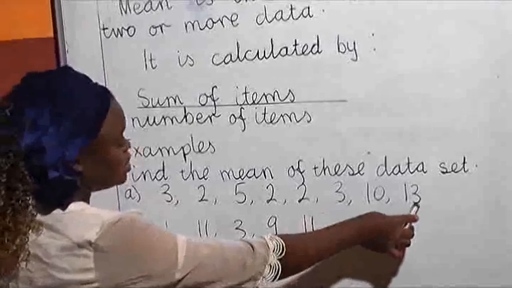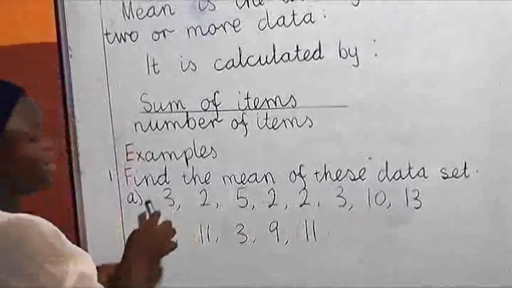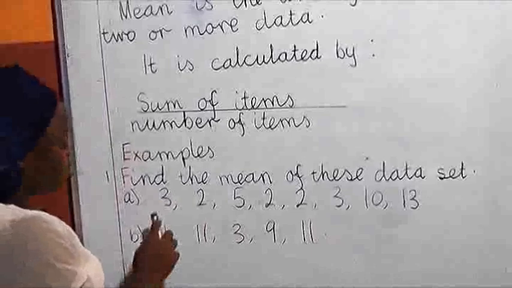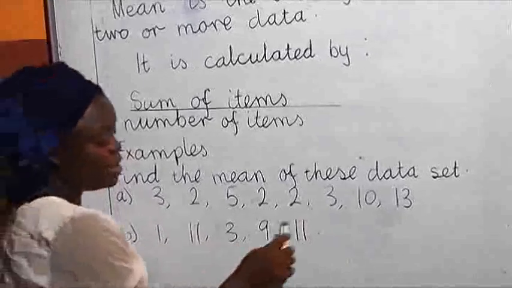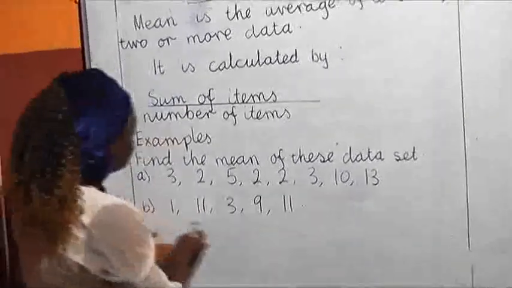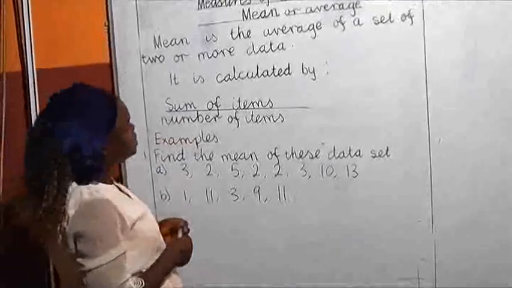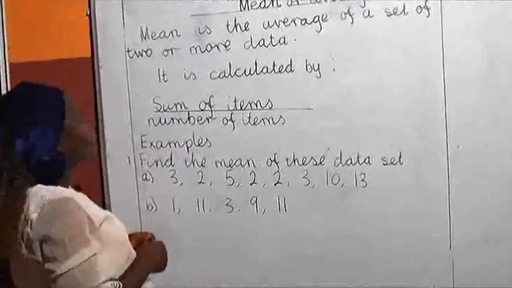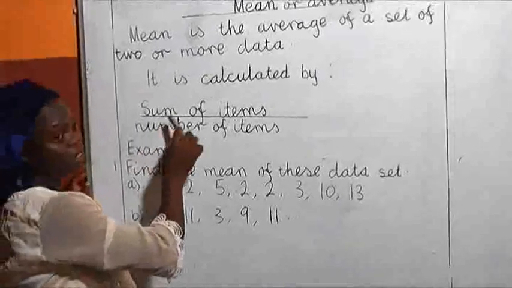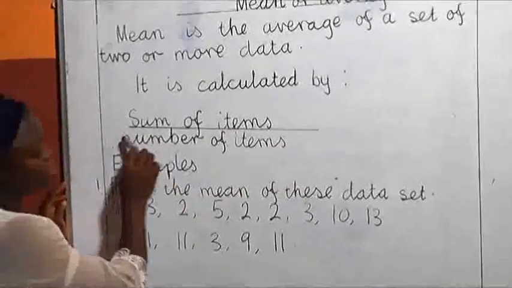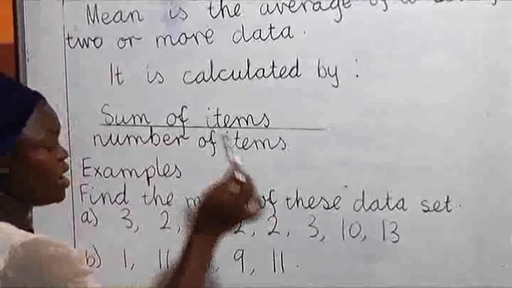These are the items we have for example 1. 1, 11, 3, 9, 11. These are the items we have for example 2. Now we calculate our mean by finding the sum of the items. Then we divide it by the number of items.